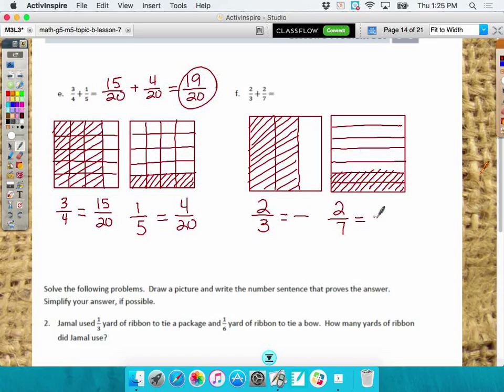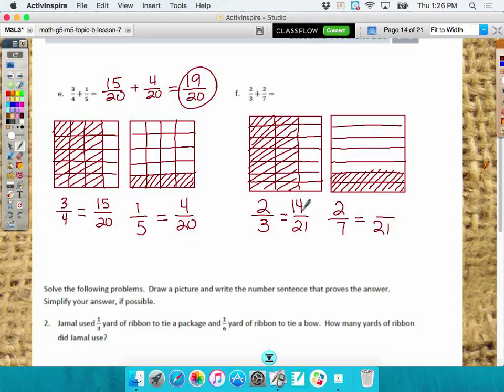Christopher, what's my new denominator? 21. How'd you get that? By multiplying 3 times 7. Good. Okay.